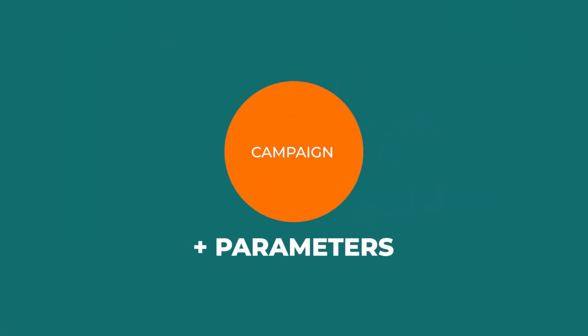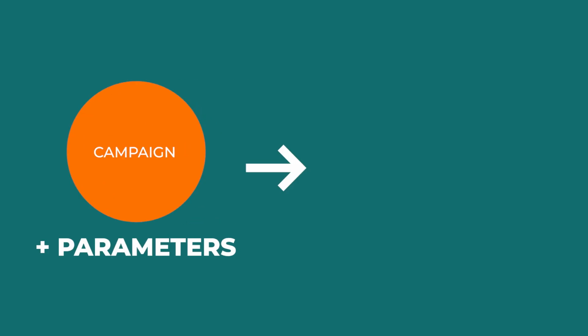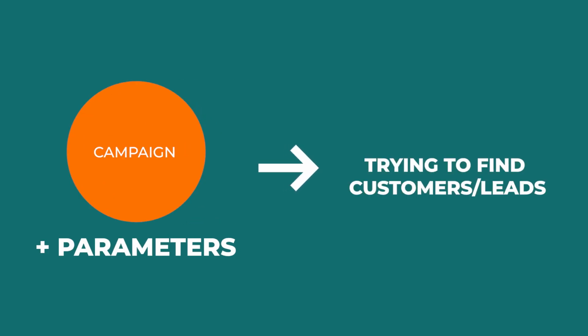As a lot of you know, when you launch a brand new campaign or even a brand new ad account, the entire campaign or account is actually in what is called the learning phase. In the learning phase, the algorithm is using the parameters that you set in your initial campaign build, trying to find the best customers or leads given the budget or settings that you have.